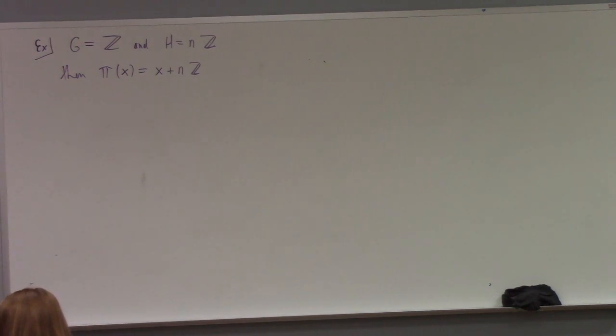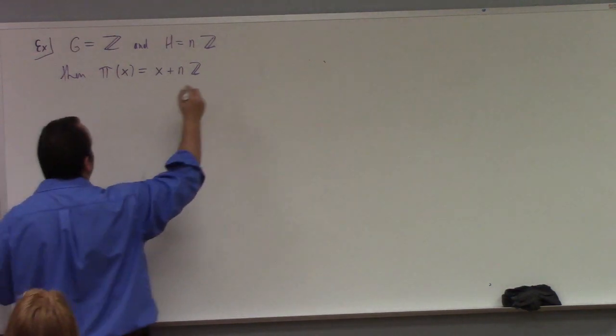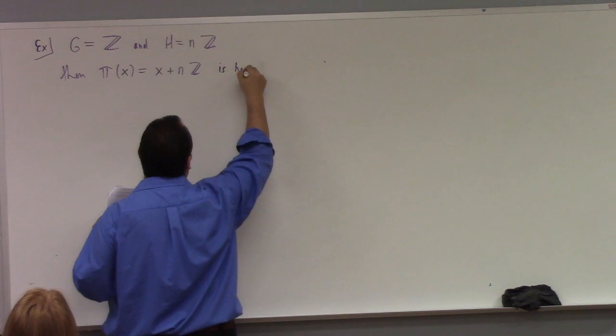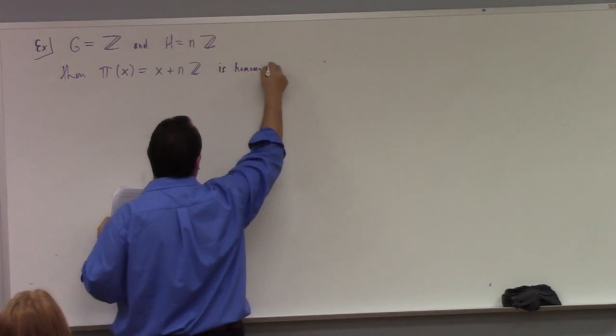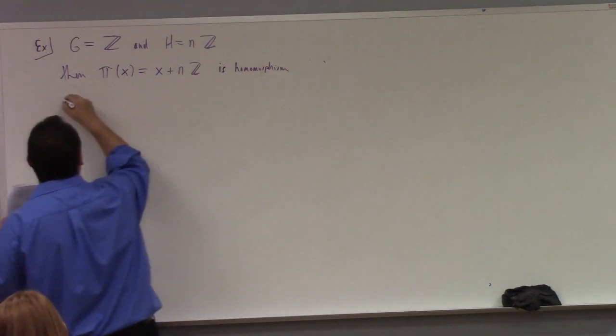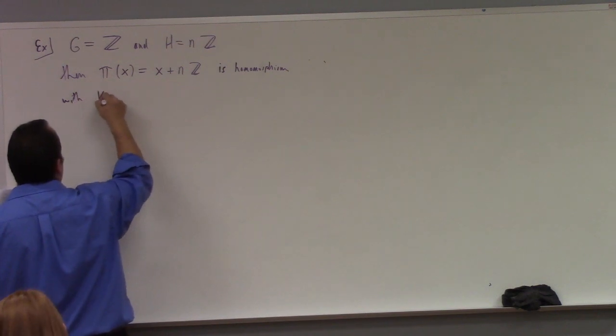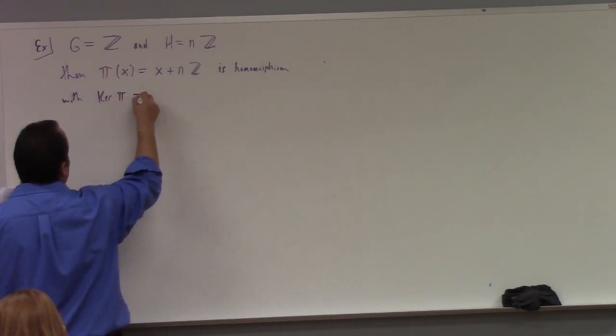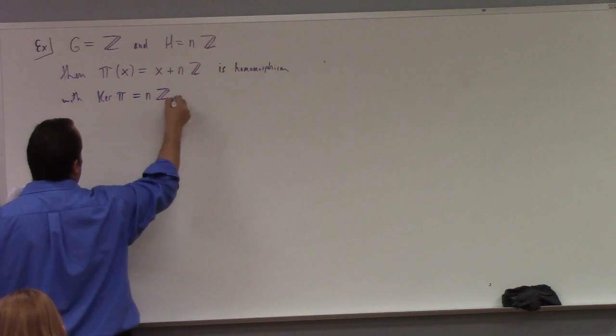And so this is a homomorphism. And what's the kernel of π? It's just nℤ again, yeah?